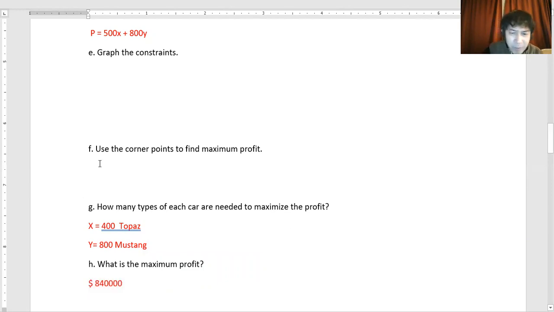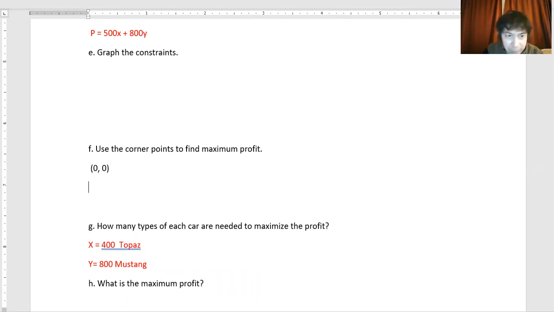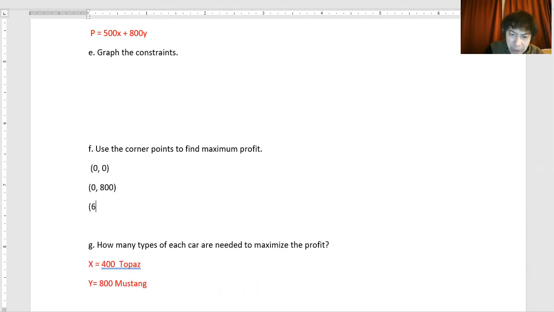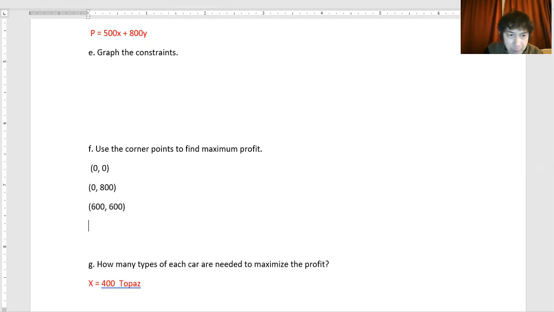As far as I can remember, we started with 0, 0. We also have 0 and how much is that? 800. Also, we have something like 600, 600. And then for our maximum profit, we have 400, 800.